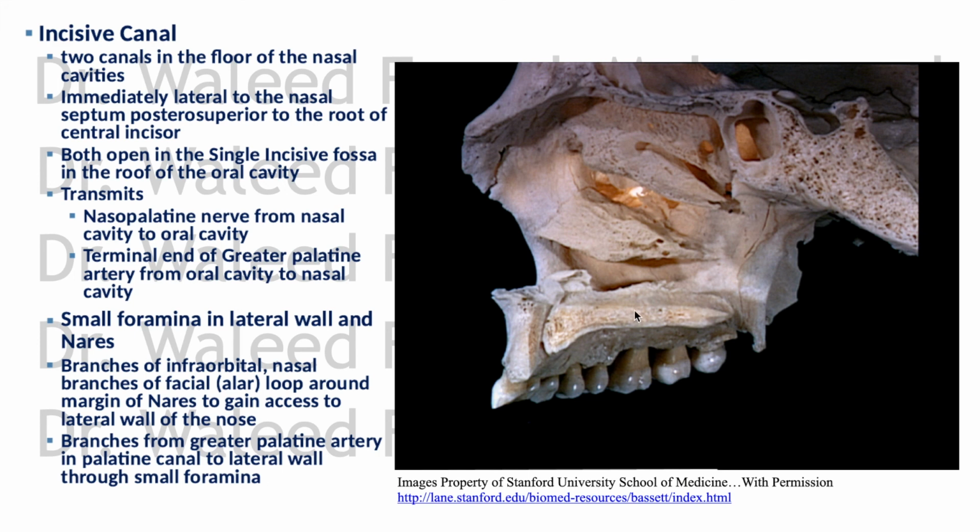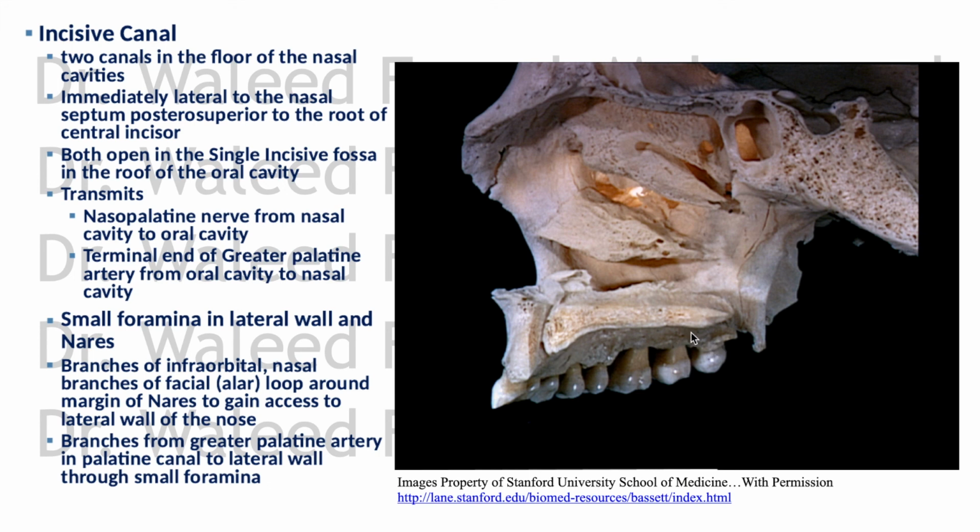It transmits a nerve called the nasopalatine nerve that descends on either side of the nasal septum, of course on the septum, and goes to the oral cavity. Remember this? We talked about the nasopalatine nerve that supplies the mucosa and gingiva of the incisors and the canines, right?